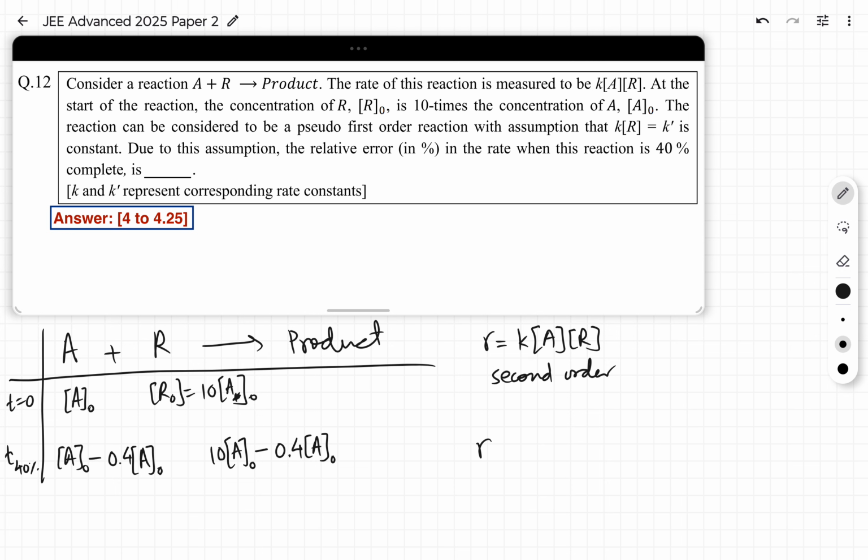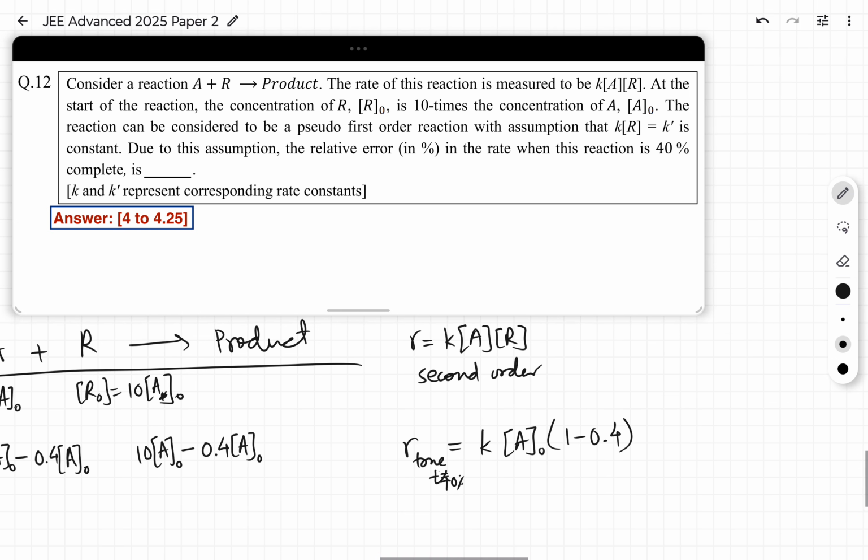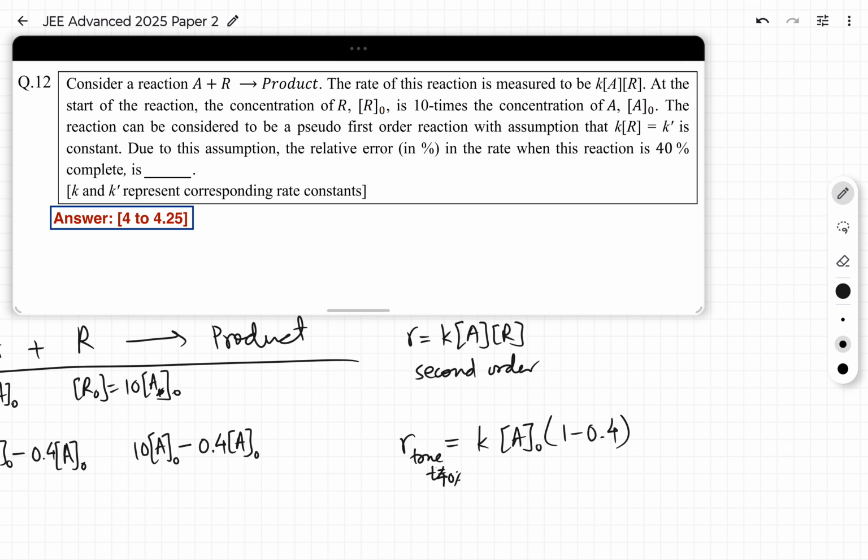Now the true rate is K times, at t 40% let's say, K and the concentration of A at that time will be A naught times 1 minus 0.4, times the concentration of R, which is A naught times 10 minus 0.4, which is 9.6.